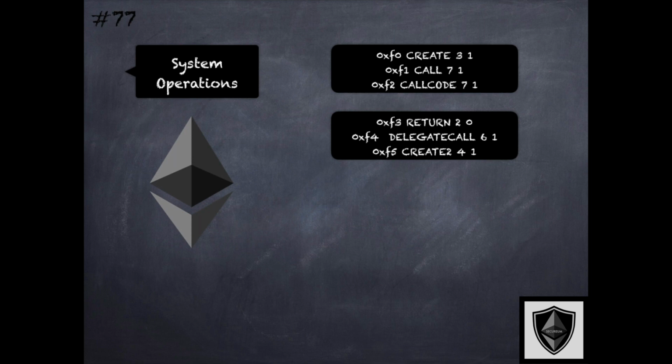Similar to the create instruction that we talked about earlier, create2 is used to create new contract accounts with associated code and storage. But the difference here is that create2 allows you to create accounts with a predictable address. Unlike create, where the address of the newly created contract account depended on the nonce, so all the transactions that happened from the sender's account, create2 removes that so that the addresses of contracts being generated are very predictable.